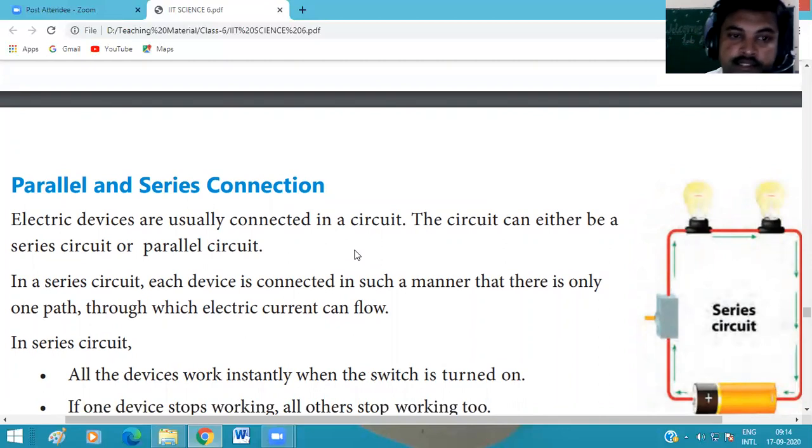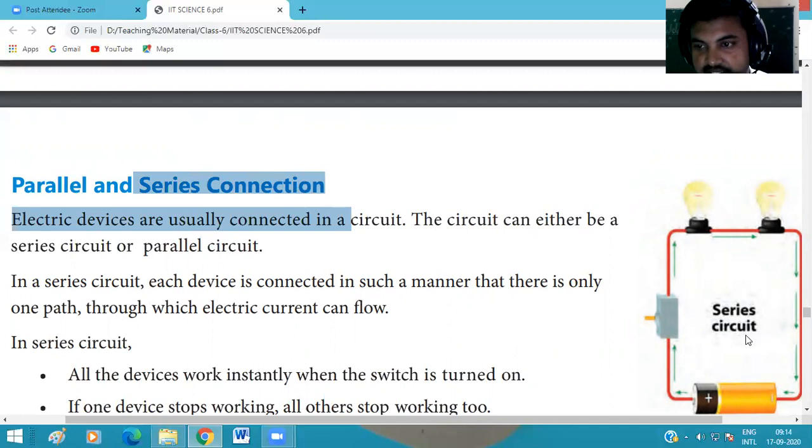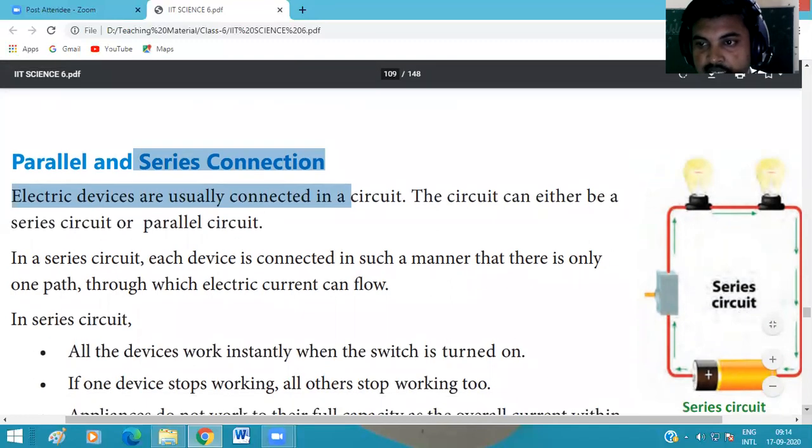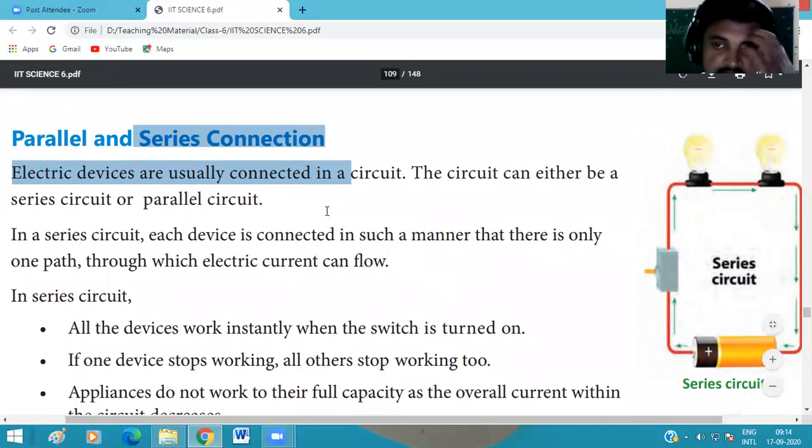When we prepare a circuit, we make two types of connection. The first one is parallel connection and the second one is series connection. Series means, here we see a diagram in which two devices, two bulbs, are connected in series.